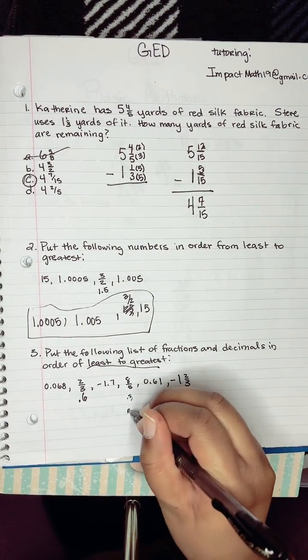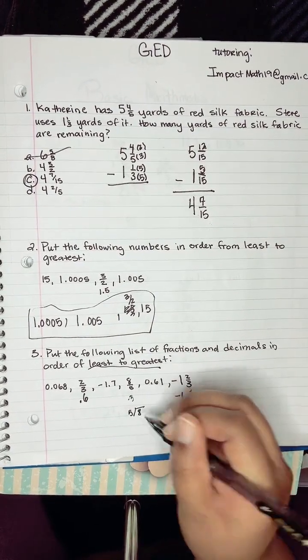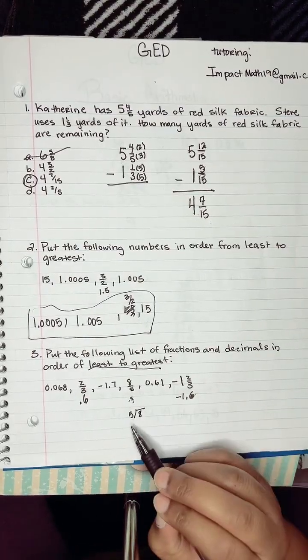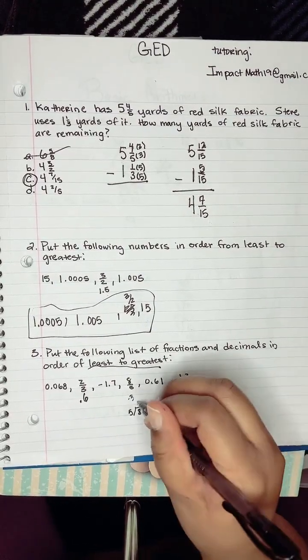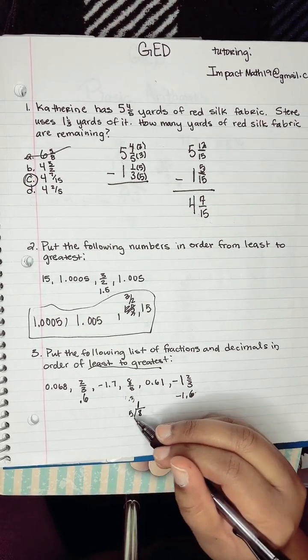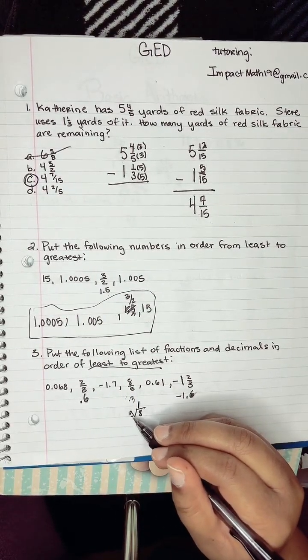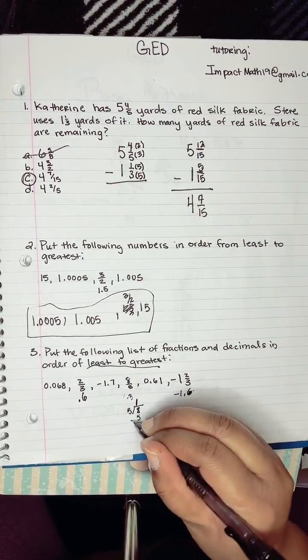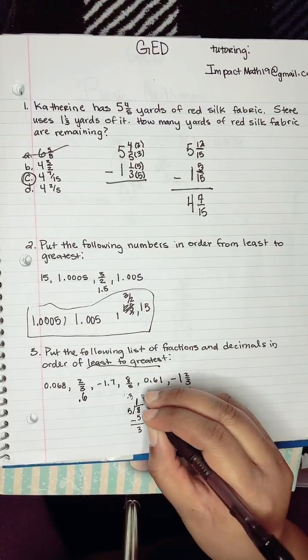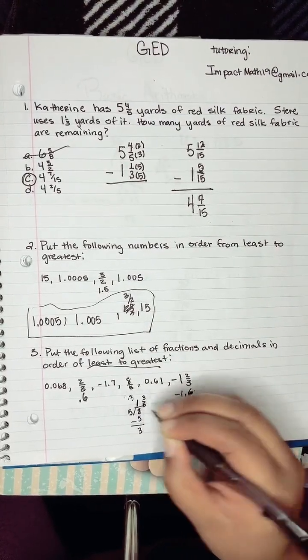We could do 5 into 8. Oh, no, it's not 0.3. It's way bigger than that. I'm tripping. 5 into 8 goes one time. It's going to be like 1 point something. 1 times 5 is 5. Subtract 8 minus 5 gives us 3. Okay, and then this comes out as 3/5.